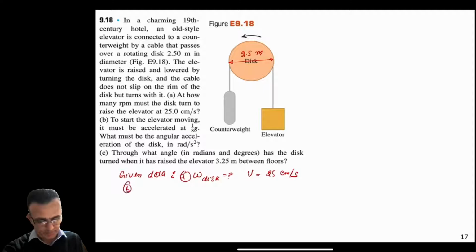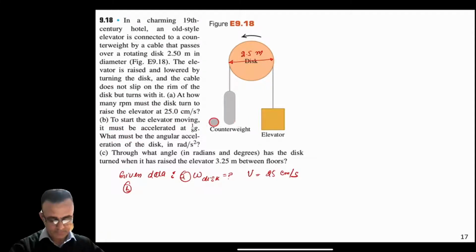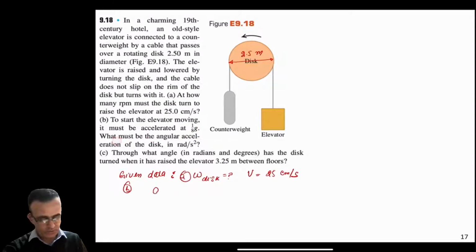And in part B, what you need to calculate: to start the elevator moving, it must be accelerated at 1 by 8 g. So a is given, which is 1 over 8 g, and this is a tangential. What must be the angular acceleration of the disk?